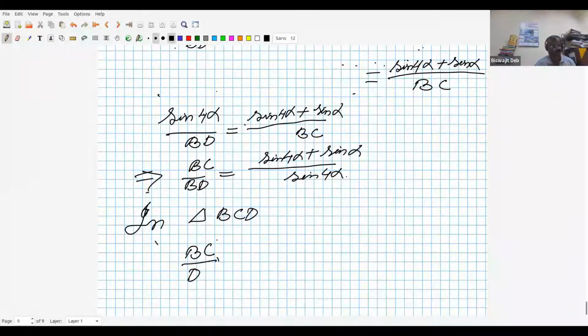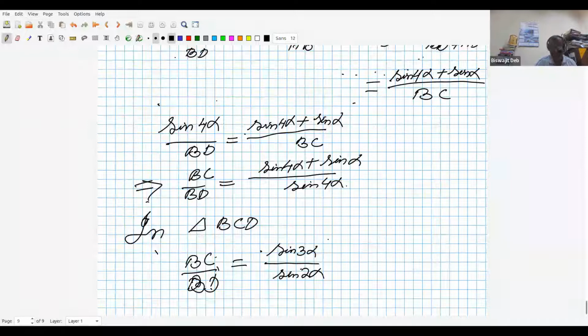So if I take BCD, we will be getting BC by BD is equal to sine 3 alpha by sine 2 alpha. So I'm skipping this because it is not that difficult again.